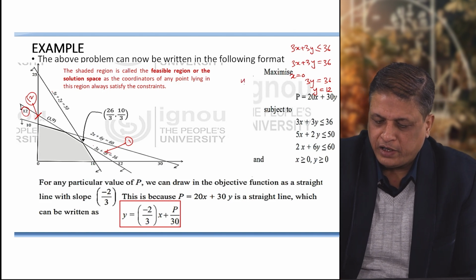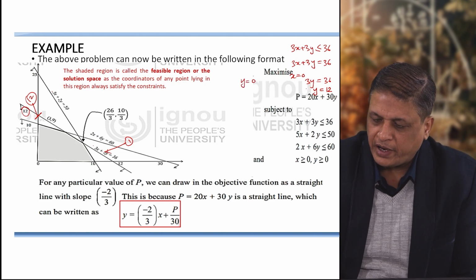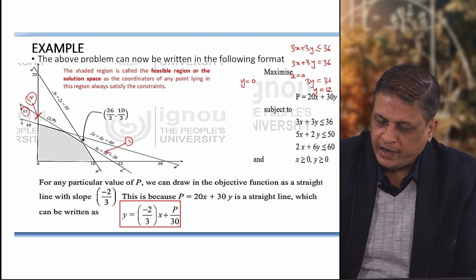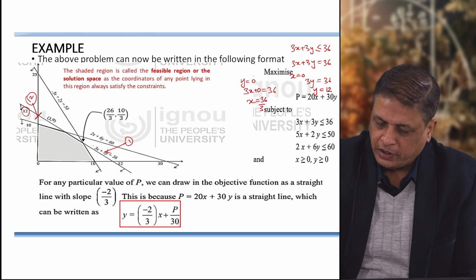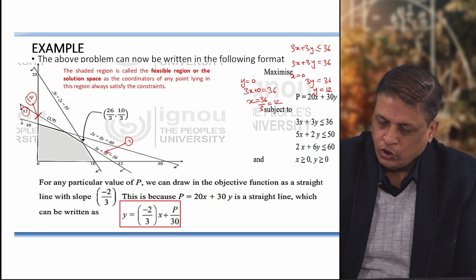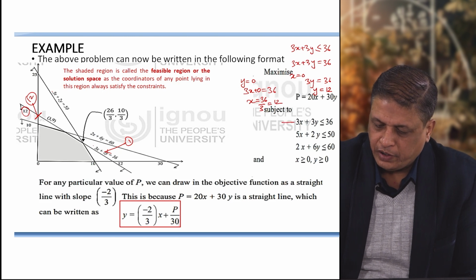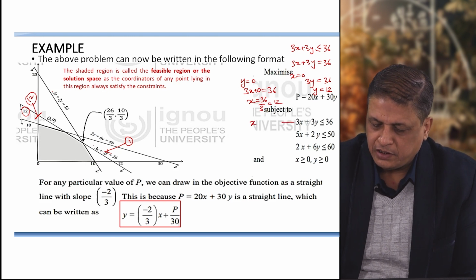Similarly, if we put y is equal to 0, then you will get 3 into x plus 0 is equal to 36, that is x is equal to 36 by 3, that is equal to 12. So, for the first constraint you will get 12 on the x axis and 12 on the y axis.